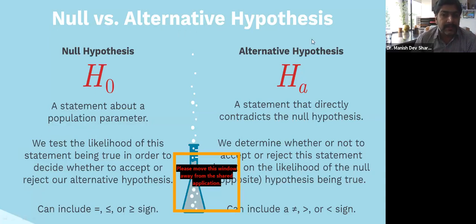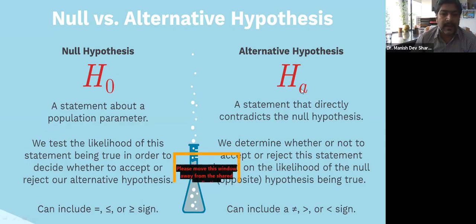If we accept, then it's a final theory, but if we reject it, then we have an alternative hypothesis. So what is the alternative hypothesis? It's again a statement that directly contradicts the null hypothesis, meaning not this, but that way. So basically we determine whether or not to accept or reject this statement.